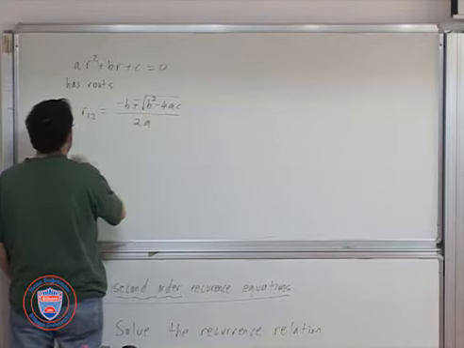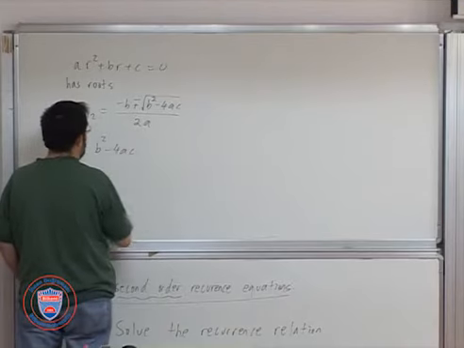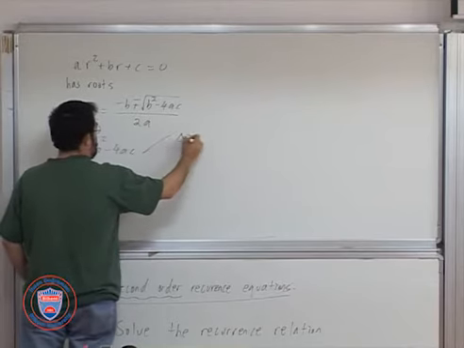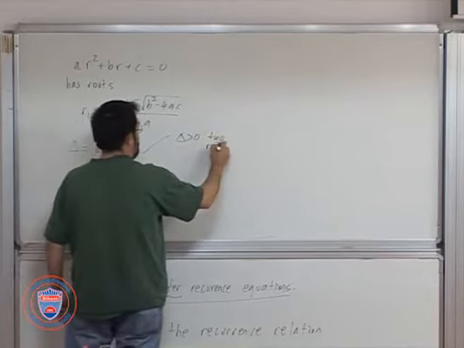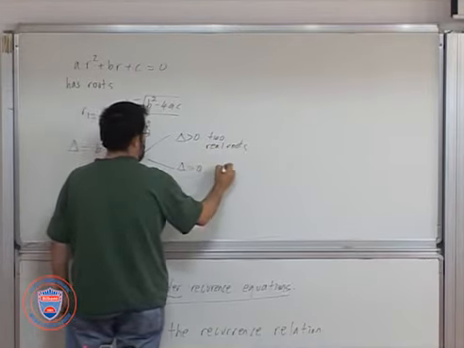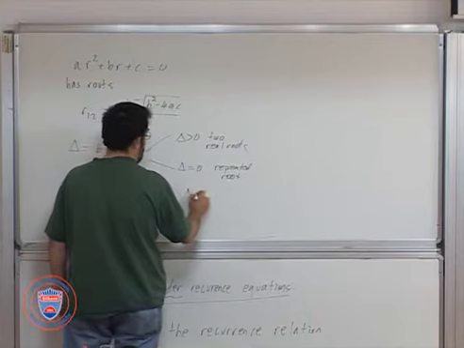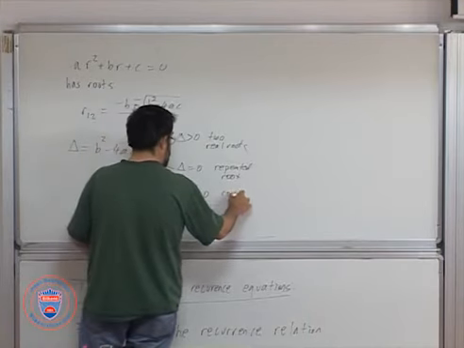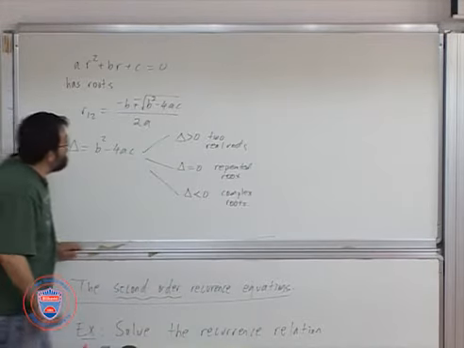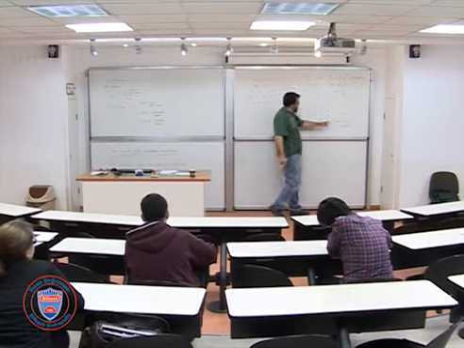Like this. And this discriminant part, this thing, there are 3 cases for this. Delta positive, 2 real roots. Delta 0, repeated root. And delta negative, complex roots. So these are the 3 cases we'll be studying. And for this particular question, you can look at the roots.